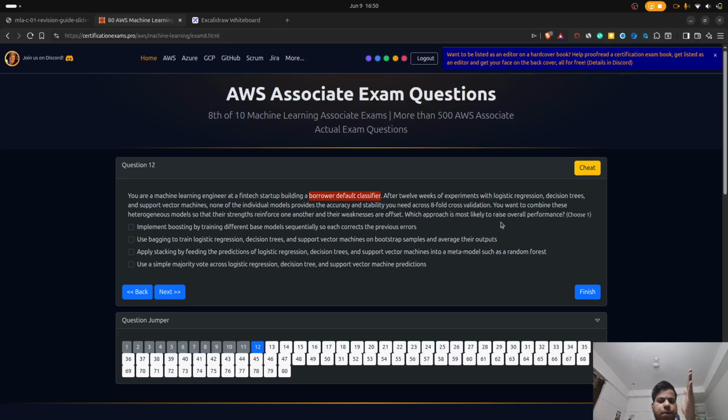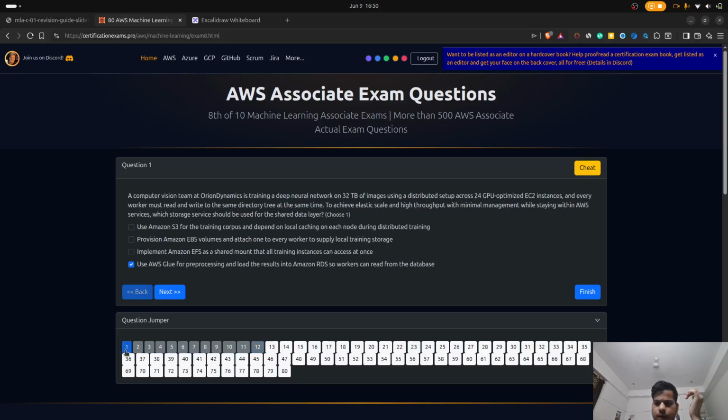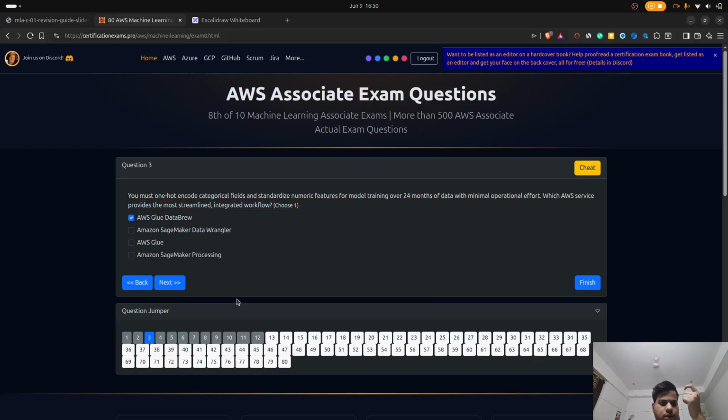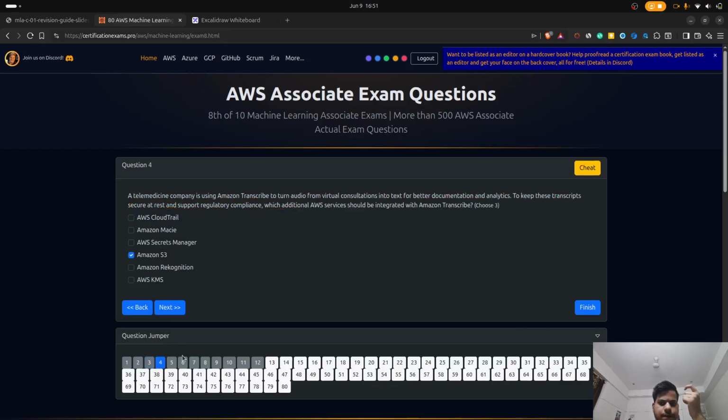Which approach? Okay, choose one. Here I have to choose 3 options.